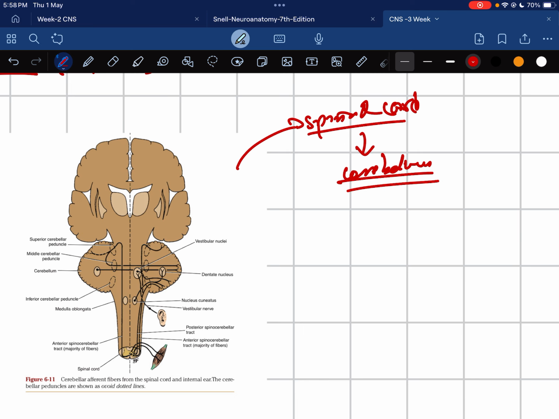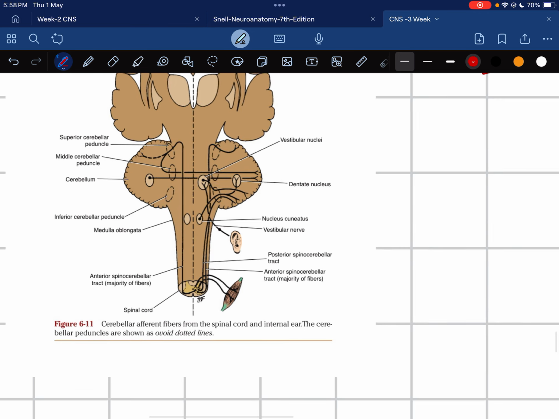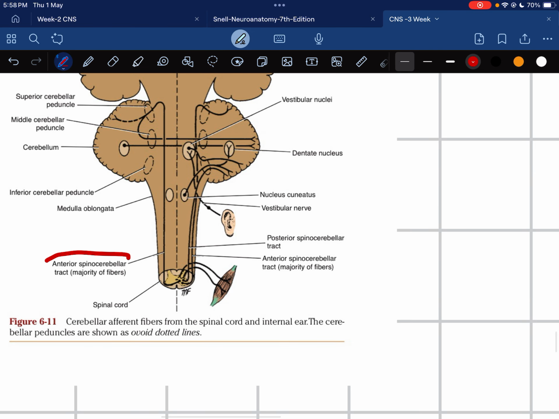So there is some pathway. That pathway is the anterior spinocerebellar tract, and from the opposite side of the body the nerve fibers come and pass through to the other side, or contralateral, and go through the superior peduncle and give some fibers to the opposite side of the cerebellum.